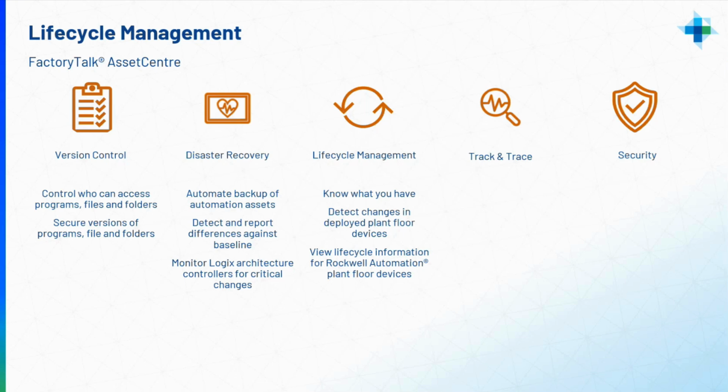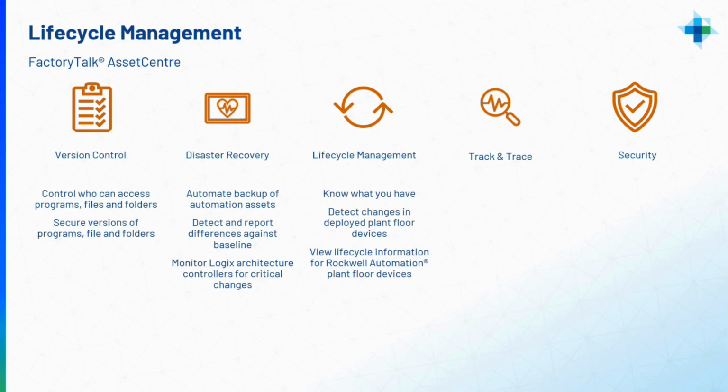And basically, when you run a disaster recovery and get the comparison report, it exports a special type of file called the RAAI file. And essentially, the information that you would find in this RAAI file, you can imagine it as a snapshot of what you would see in your FactoryTalk Linx.